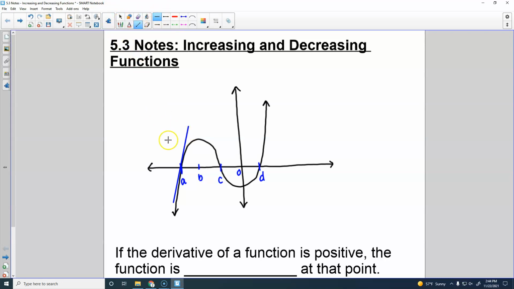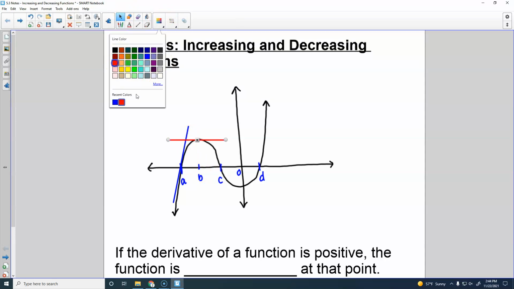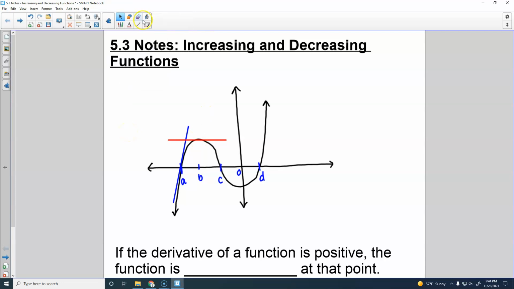Then at this point here, at B, we've got a horizontal tangent. Is our function increasing or decreasing? Neither one.